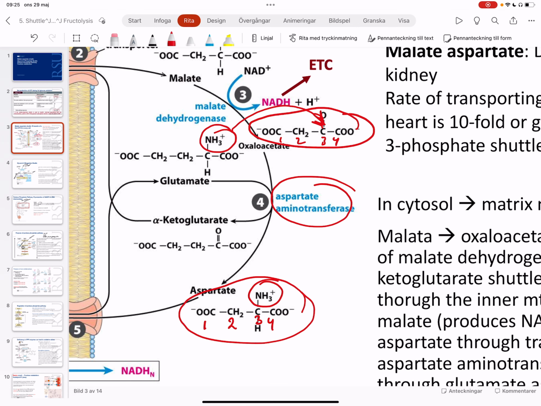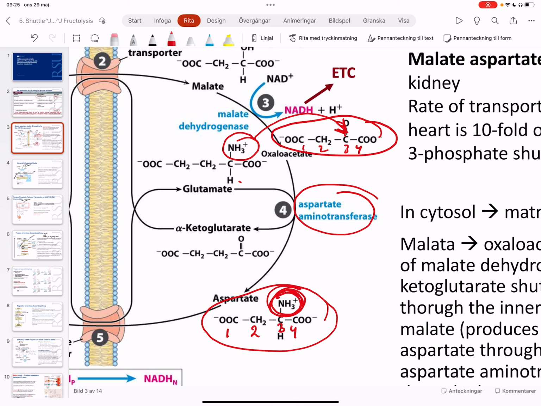So oxaloacetate and aspartate, the only difference is the amino group. And then when the amino group from the glutamate is taken, we get alpha ketoglutarate. So alpha ketoglutarate will look exactly like glutamate, only thing is that it's minus the amino group, and therefore it will look like this.